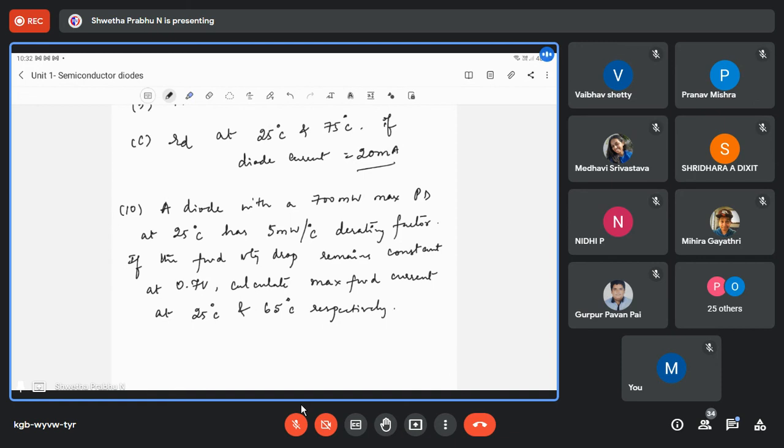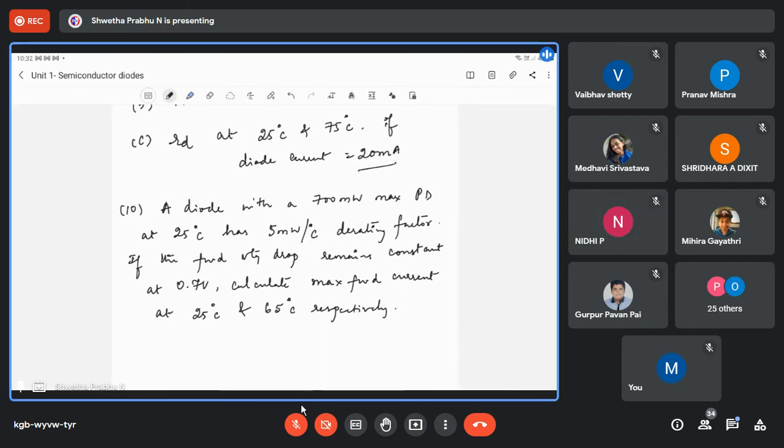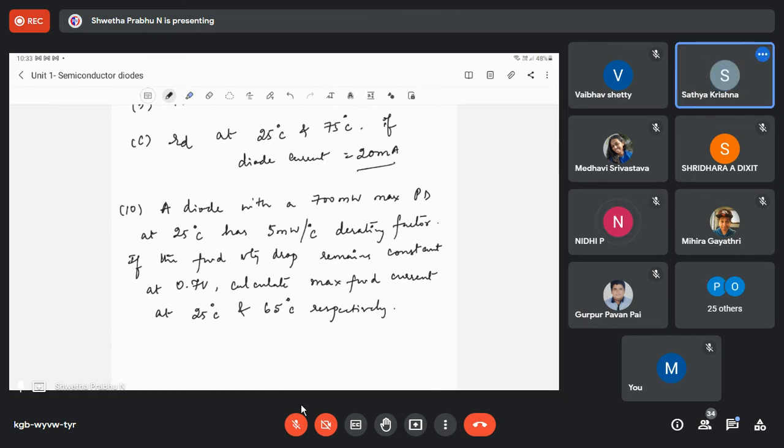Have you copied the question? Yes, ma'am. So tomorrow before attending the class, make sure that you solve and come. We will discuss the answers. Ma'am, Shreyansh is not attending this session because he's on a flight. He told me to inform you about that. Is it? Yes.